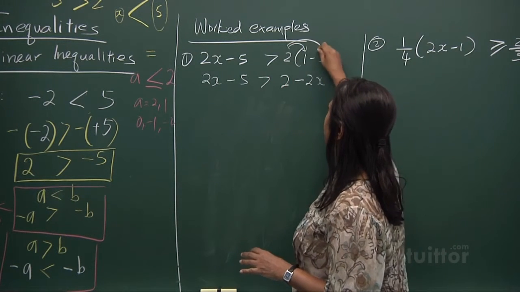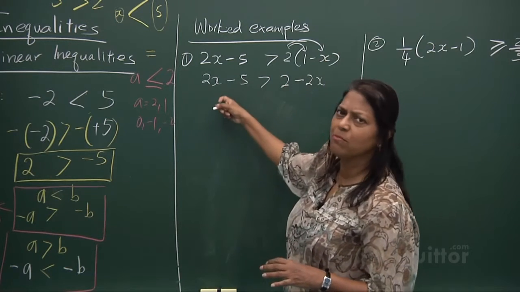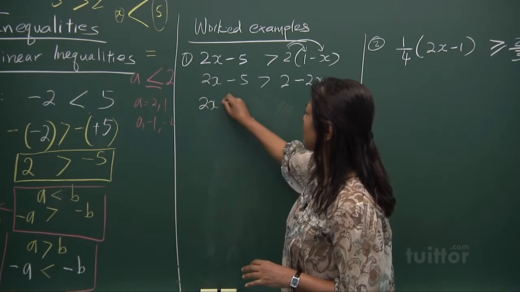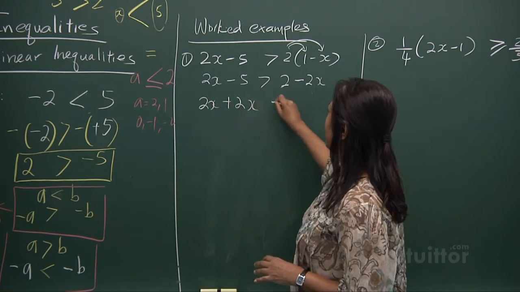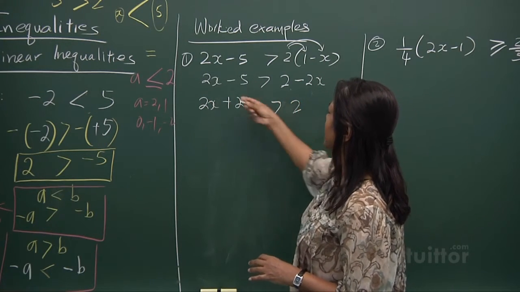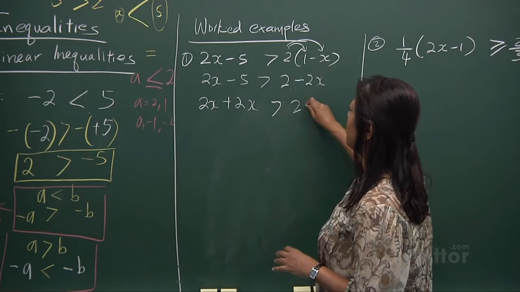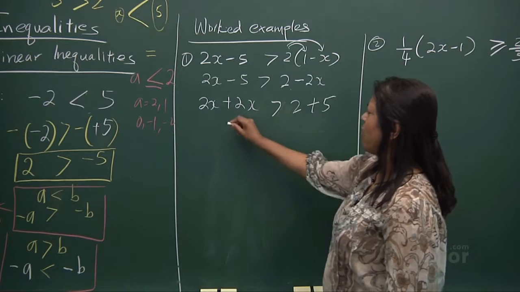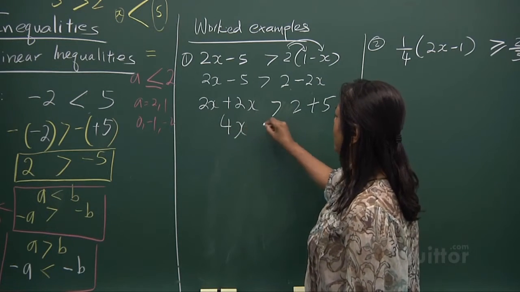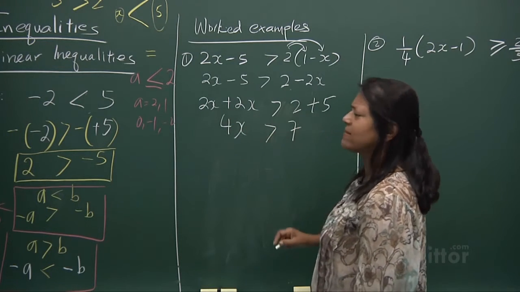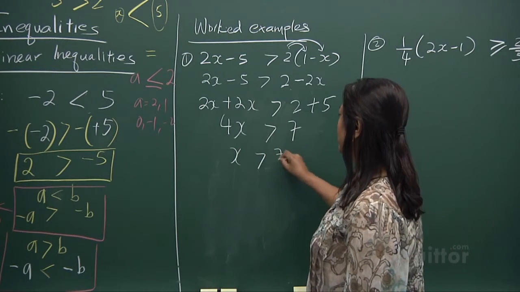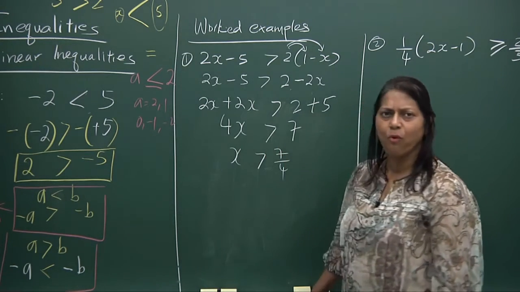Minus 2x moves over, it becomes a plus 2x. And then your 2 is here. Minus 5 moves over, it becomes a plus 5. What we've got is 4x, and 4x is greater than 7. And you can see from here that x is greater than 7 over 4.